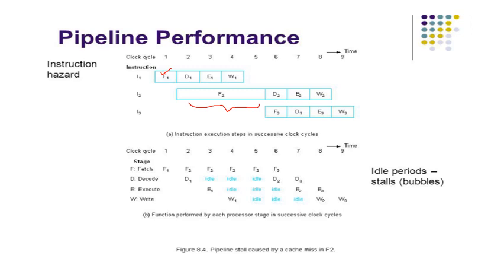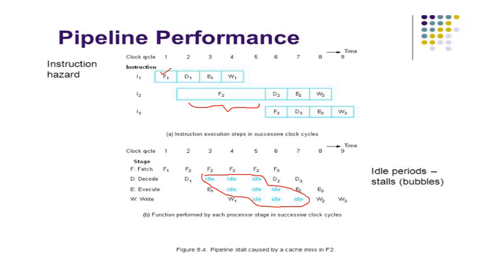The instruction fetch unit must now suspend any further fetch requests and wait for I2 to arrive. That is shown as idle here. We assume that the instruction I2 is received and loaded into buffer B1 at the end of clock cycle 5. The pipeline resumes its normal operation at that point.